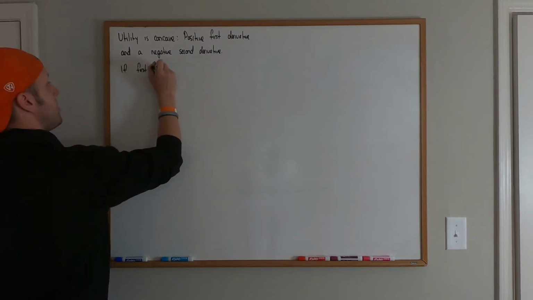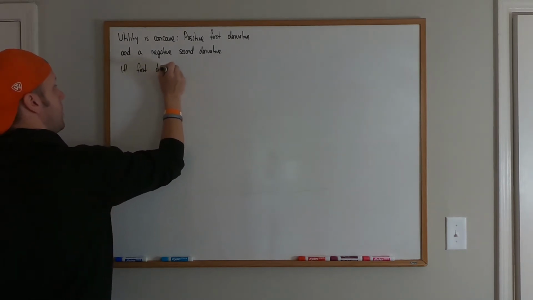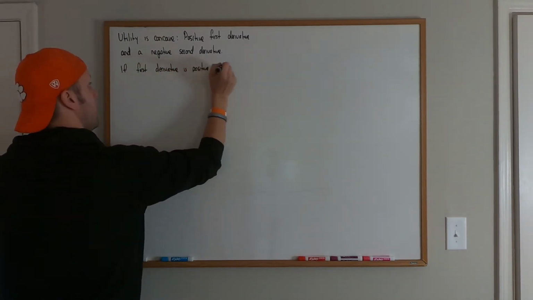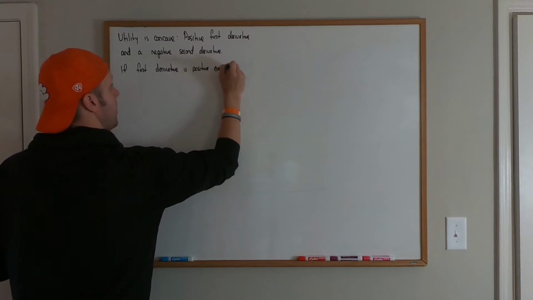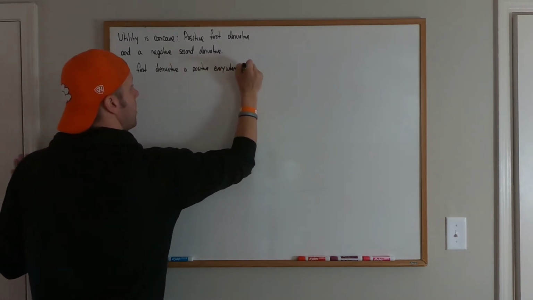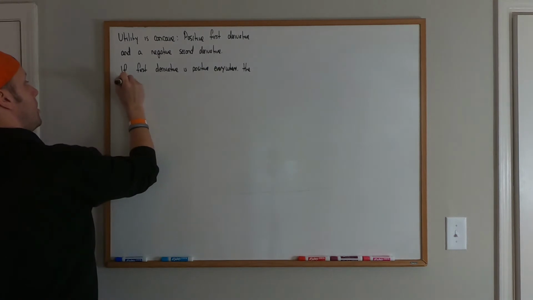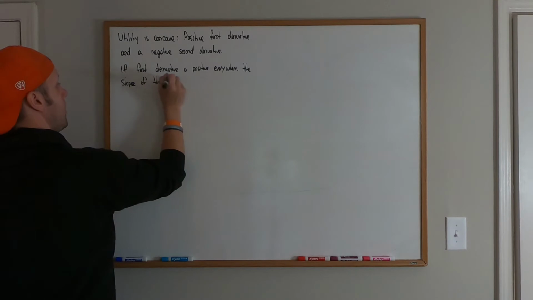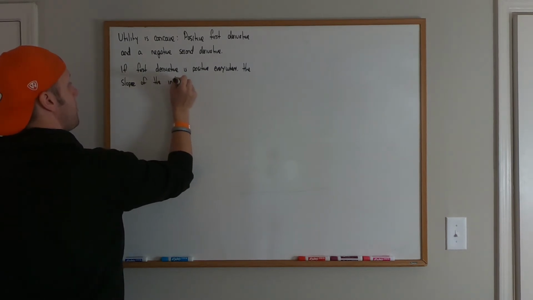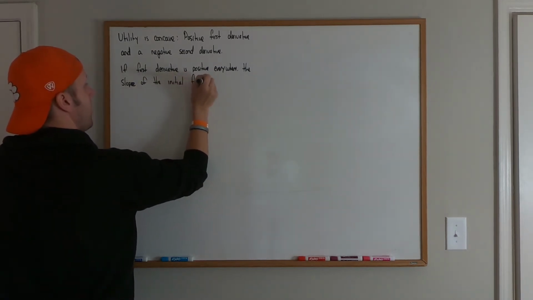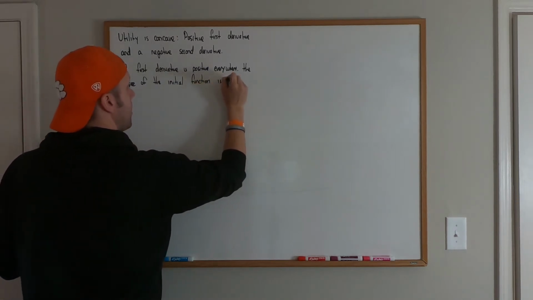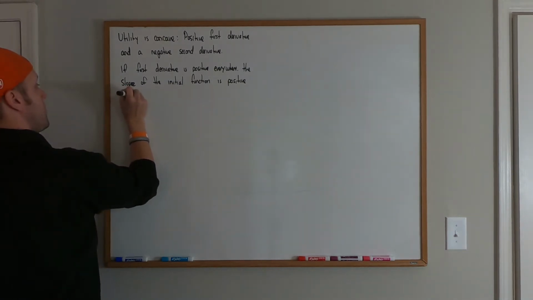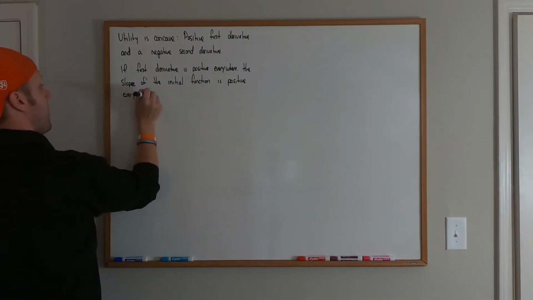So if the first derivative is positive everywhere, the slope of the initial function is positive everywhere.